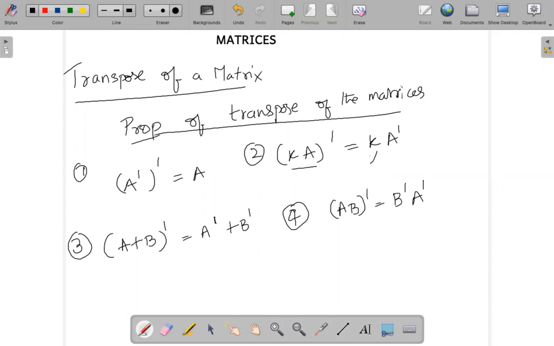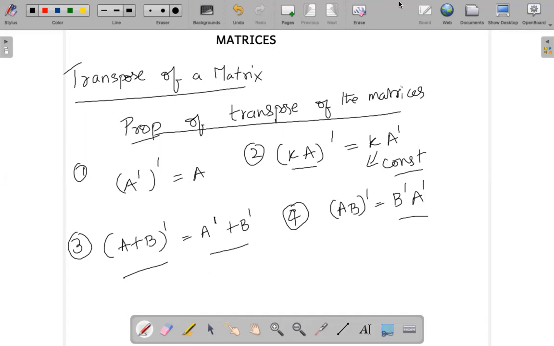Here K is a constant, please remember this. And A plus B whole prime gives A prime plus B prime, and AB whole prime gives B prime A prime. So these are the properties of the transpose of matrices.